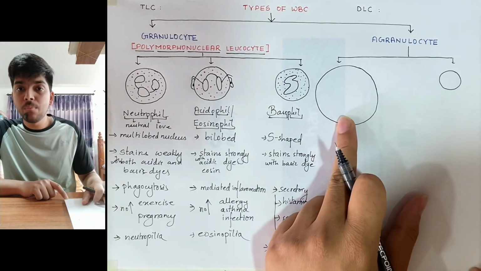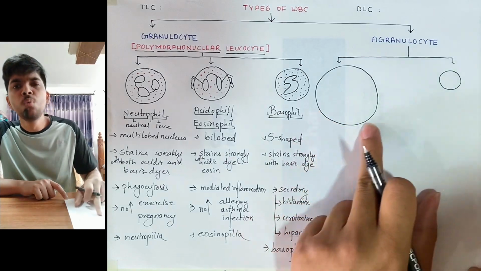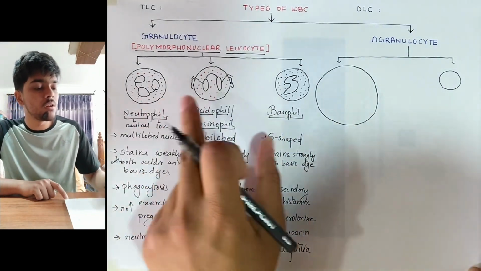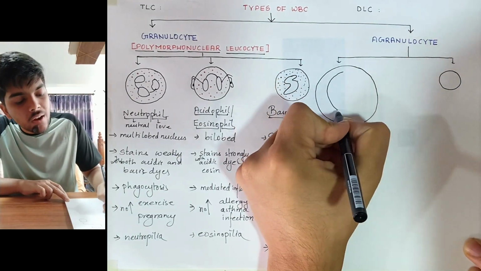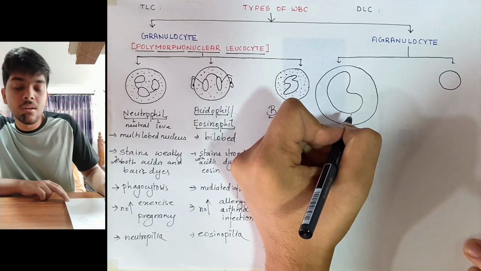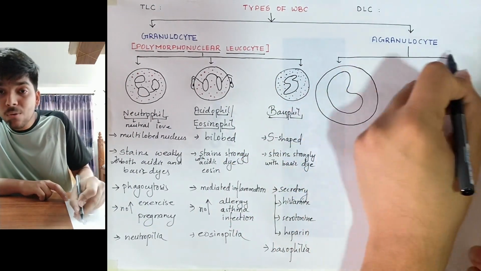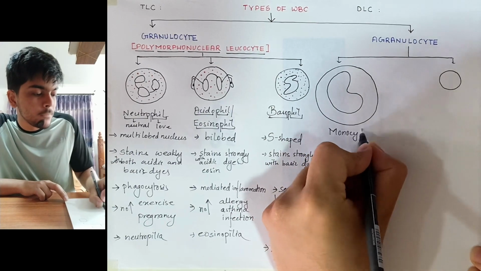The first WBC, when observed under a microscope, looks humongous as compared to other WBCs. And the nucleus present inside of it looks like a kidney or a bean. This particular agranulocyte is called monocyte.